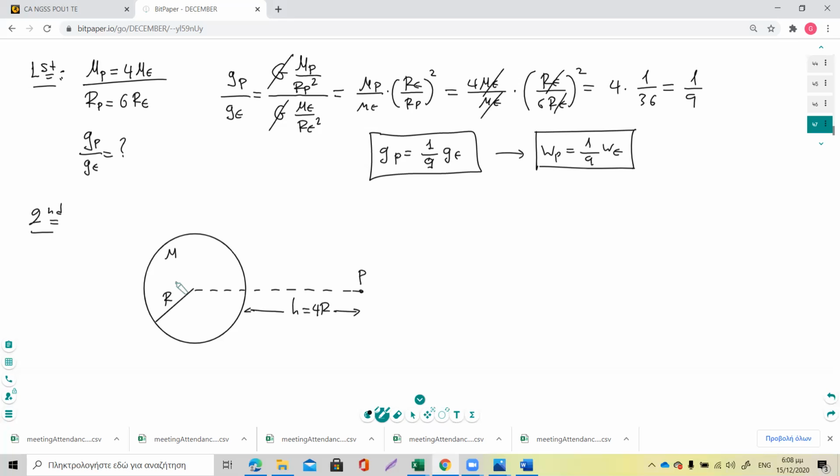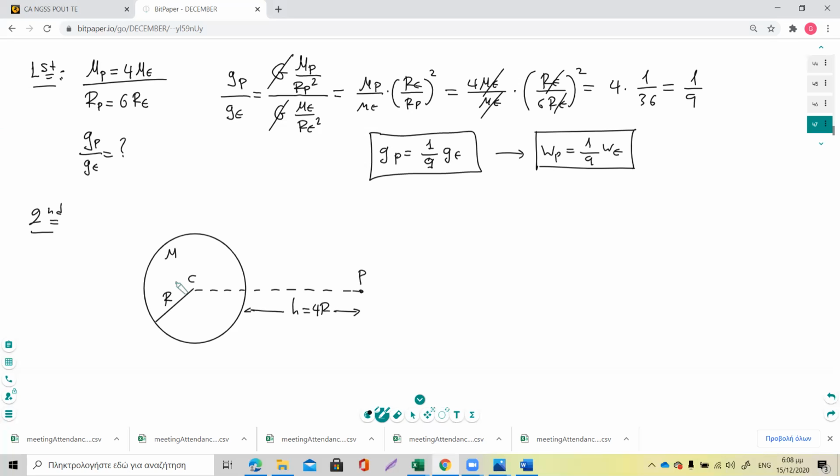Don't forget to be sure if the given distance is measured from the surface or from the center. Pay attention to the wording. Read it word by word and make sure you know what the distance is about. I repeat, from the surface or from the center.